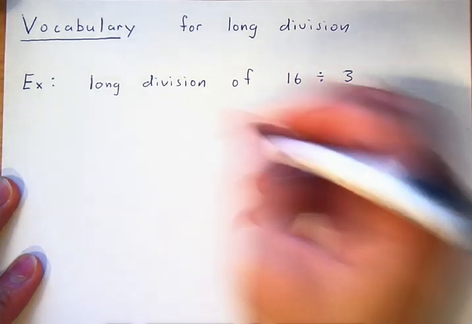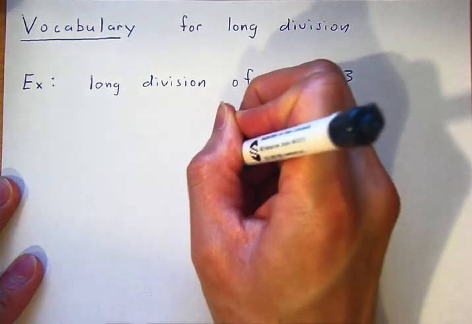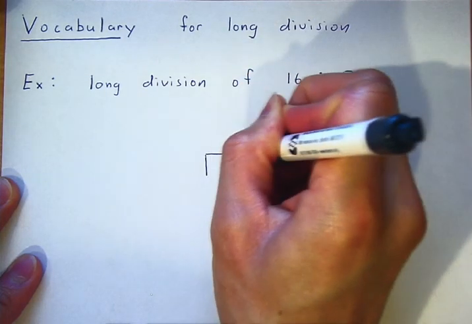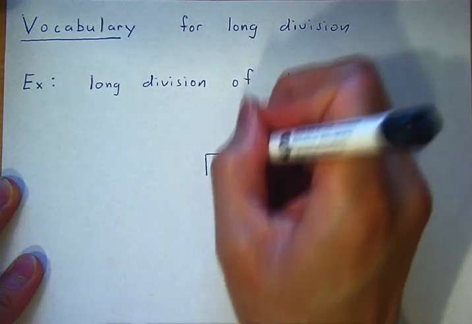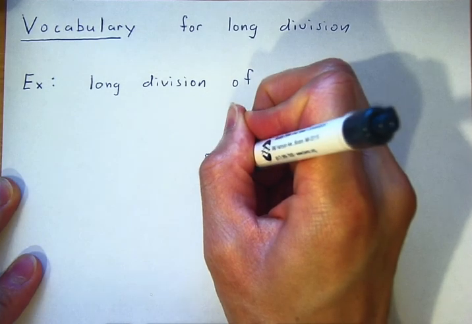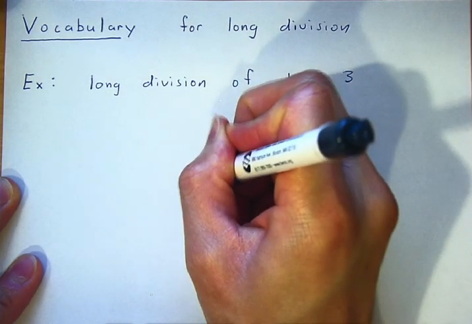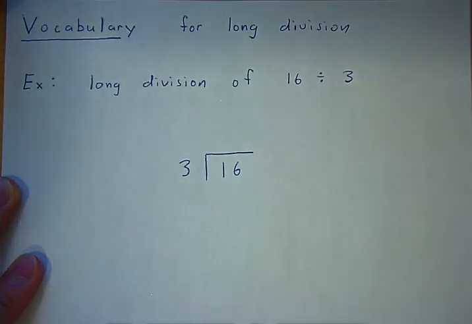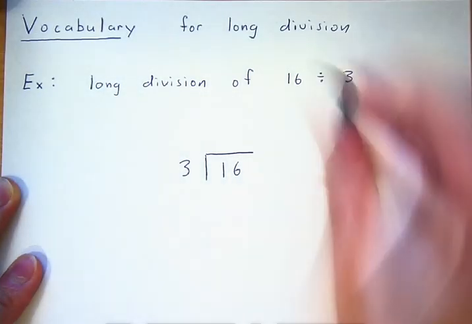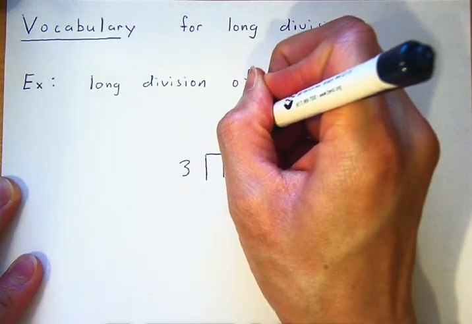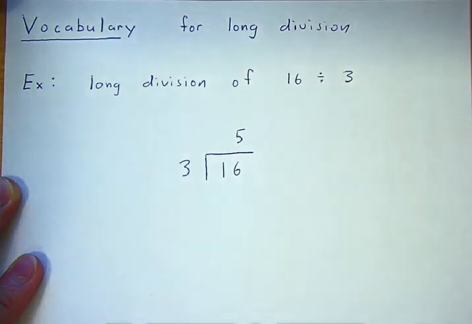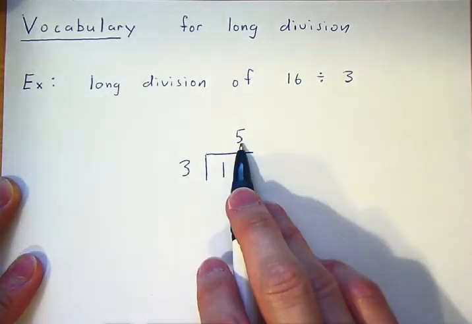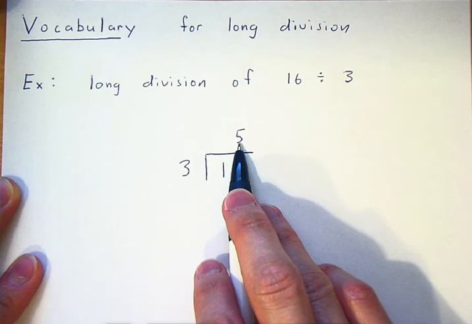So if I wanted to do 16 divided by 3 using long division, I first put my little long division symbol. Inside I put the 16. Outside goes the 3. 16 divided by 3 is 5, so I get 5 out of that.